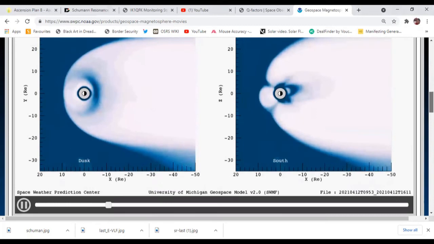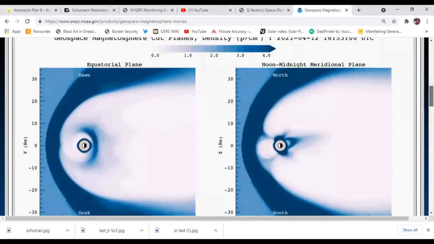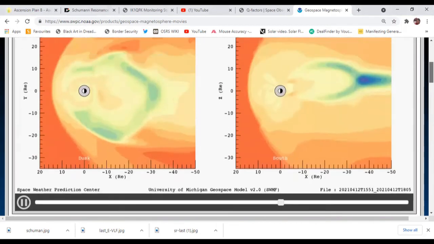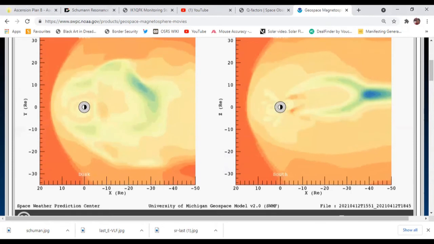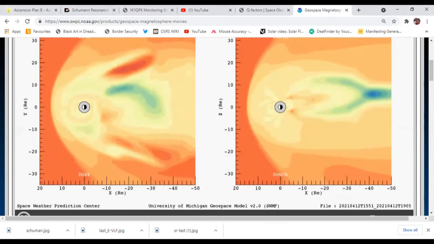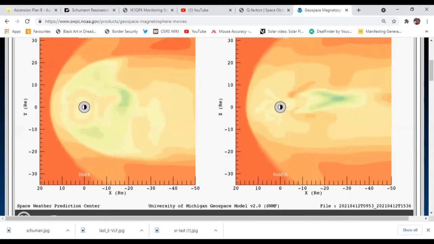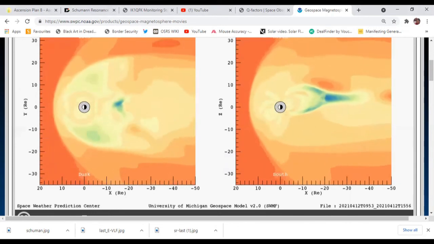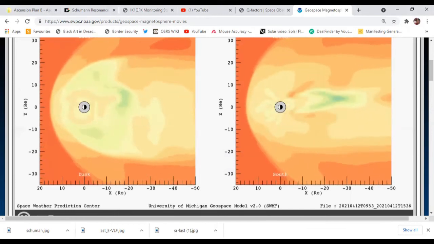This is really odd. This Y shape that keeps appearing at the back of the sun here is quite unusual. So there does seem to be a lot of pressure on the rear side of Earth. Well, I say the rear side of Earth, it's the side that isn't facing the sun.